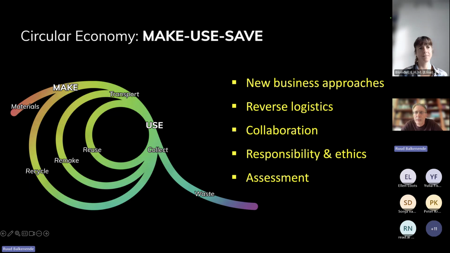Financing also might become an issue if products are kept as assets on the balance sheet. The relations with other companies and users change, and it brings changes in responsibility and might raise ethical questions. And our metrics need to change. This means that we need new ways to assess the effectivity regarding economic, social, and, from our perspective, especially environmental goals.